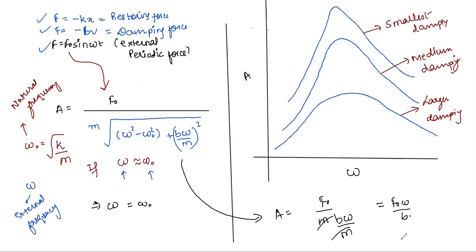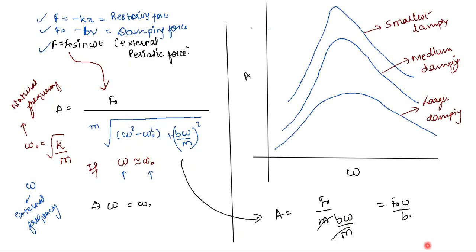Why am I saying maximum? See here. Class, just have a look here. Amplitude is inversely proportional to the denominator, right? So if the denominator becomes minimum, then the amplitude will become maximum, correct?